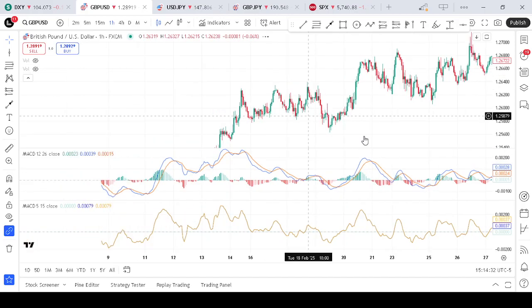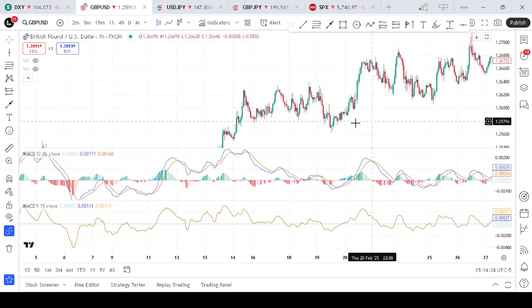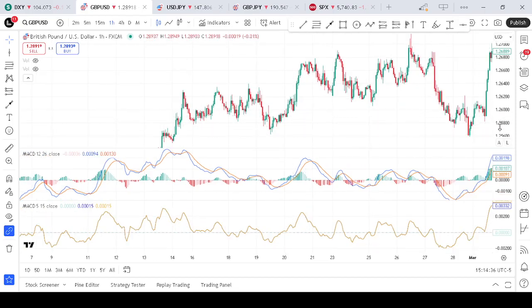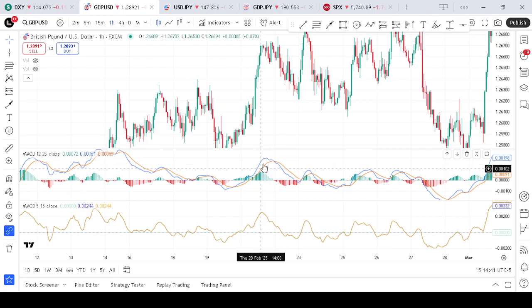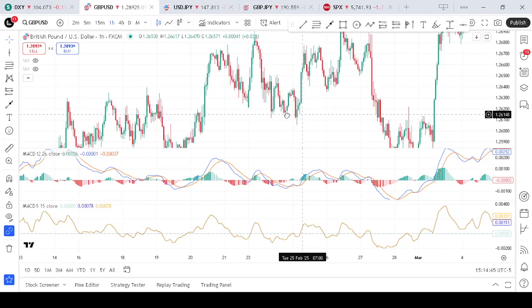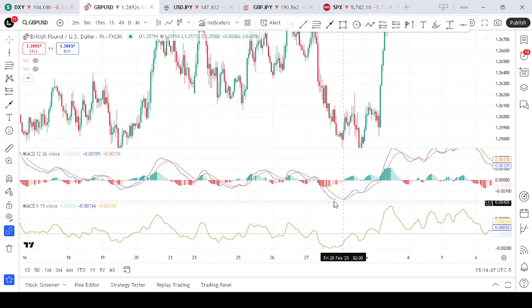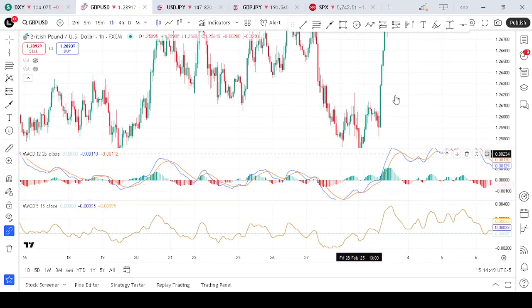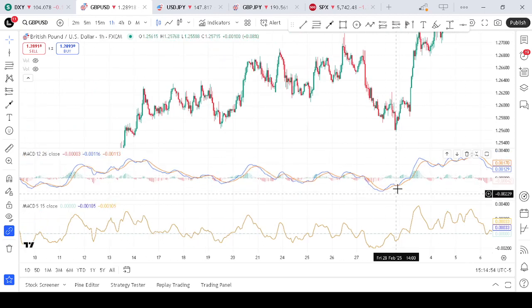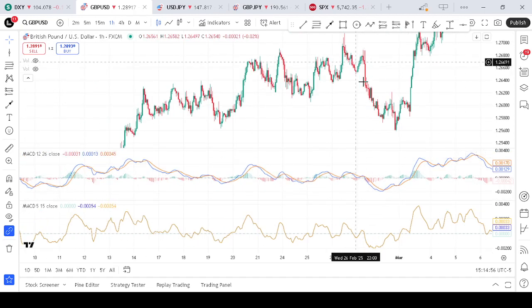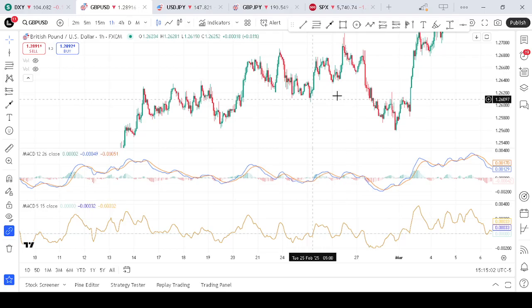As we can see from this trading opportunity, when it is above the signal line in this particular area, we can see the market is trending to the upside. But when it was below the signal line in this area here, price was in a downtrend. So we would only look for opportunities according to what we can see from our standard MACD.